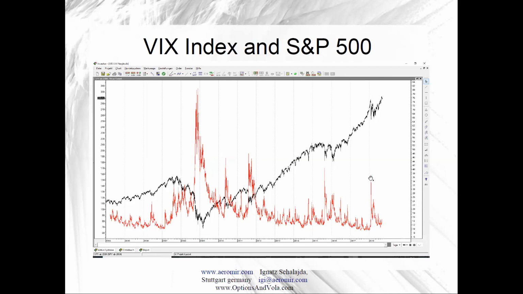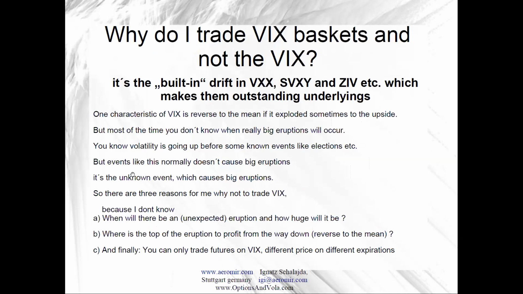And these are unknown events with a huge eruption. It's much bigger than other eruptions like Brexit and elections and so on. So it's the unknown event which causes big eruptions.